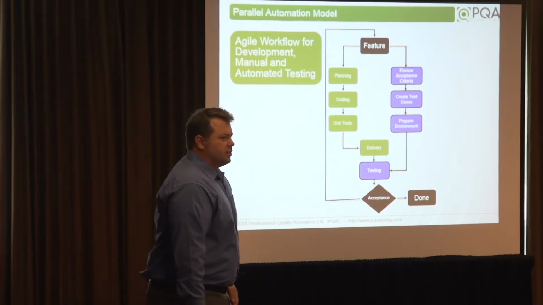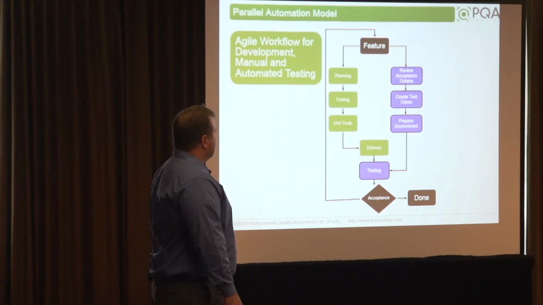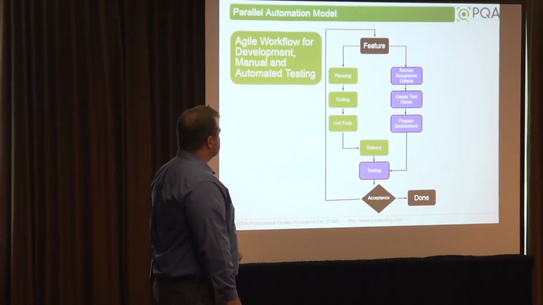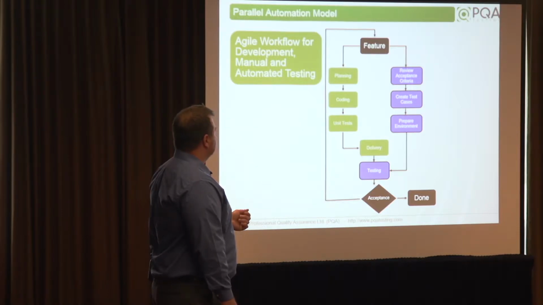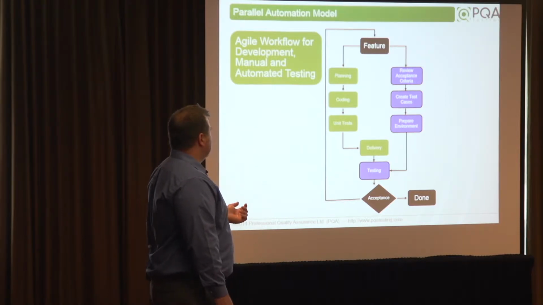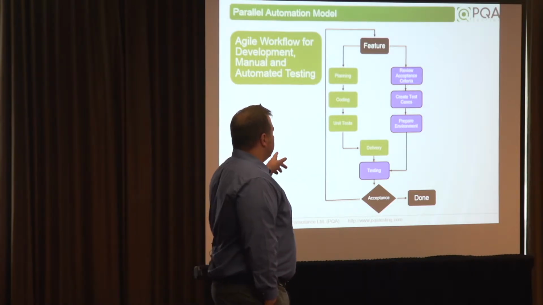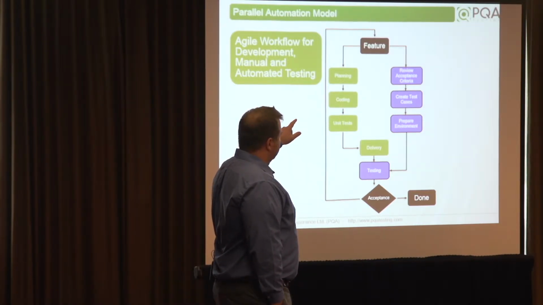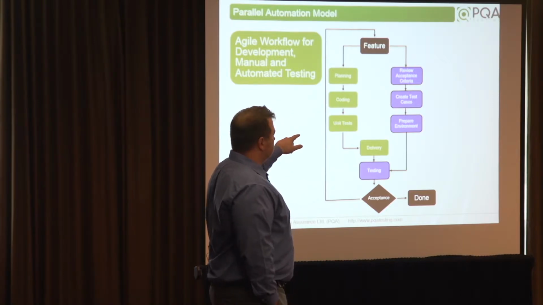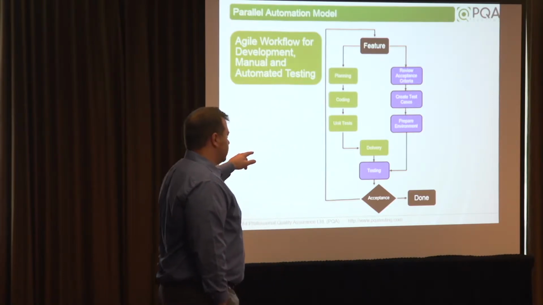I'm not sure if you can see this in the back, but I'll go through it quickly. This is a little more fine-grained view of a workflow for a parallel automation model. On the left side, we have a feature. On the left side, we have development activities: planning, coding, unit tests.